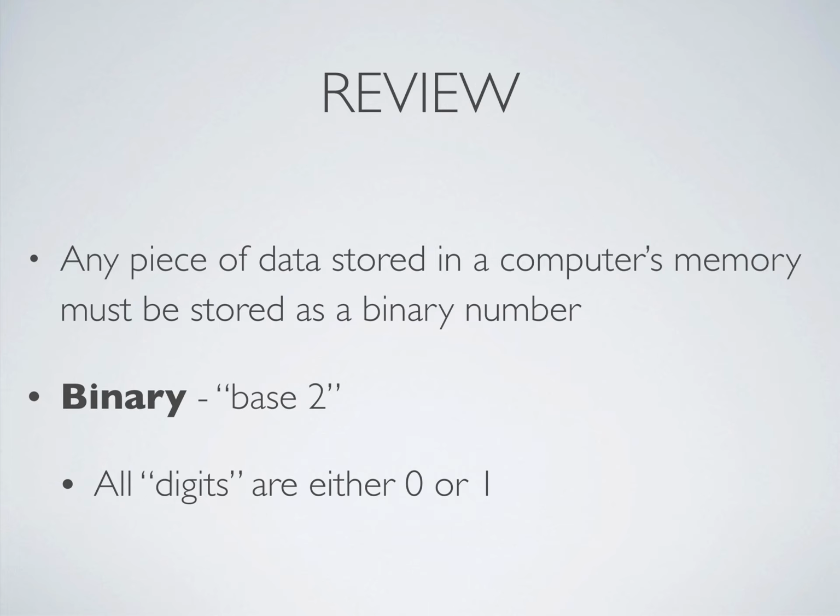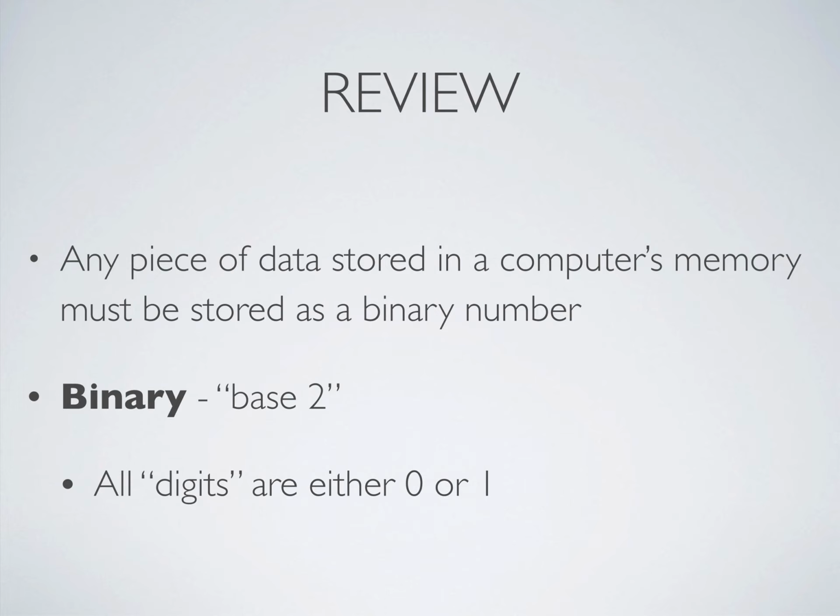That said, let's do a little quick review. So this is material from Part A of this week. Any piece of data that you store in your program or any piece of data on a computer has to be stored as a binary number. And remember, we talked about how if it's a numerical type, you convert that numerical type straight up to a binary number.